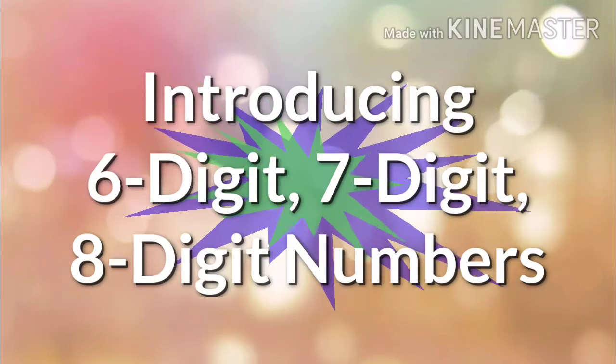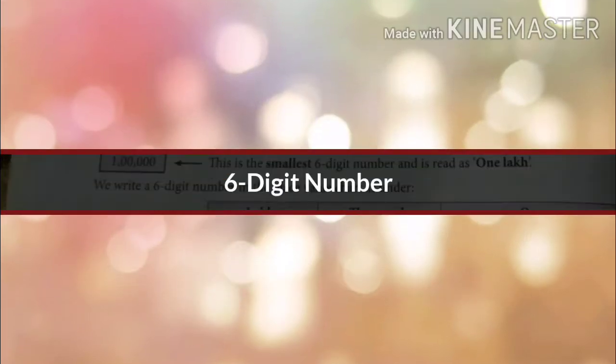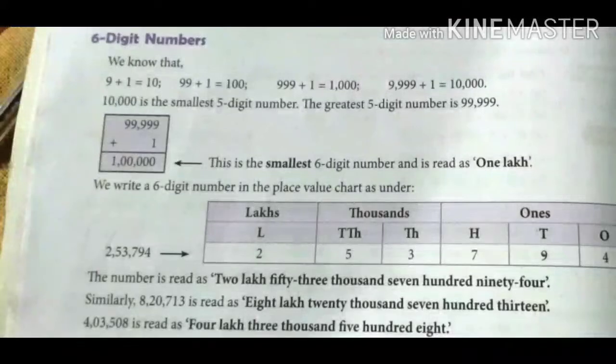Now student, we start 6 digit numbers. See the picture. We know that the greatest 5 digit number is 99,999, and the smallest 5 digit number is 10,000.